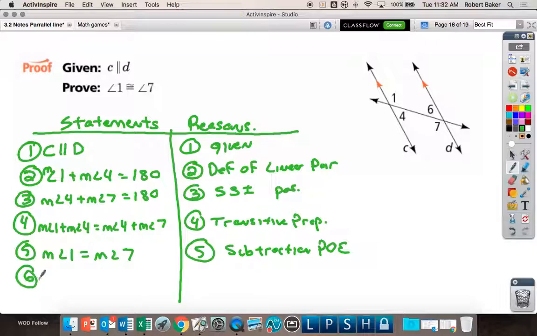So in this step right here, I just subtracted angle 4 from both sides. That's called the subtraction property. Now I can put angle 1 is congruent to angle 7. Definition of congruence.